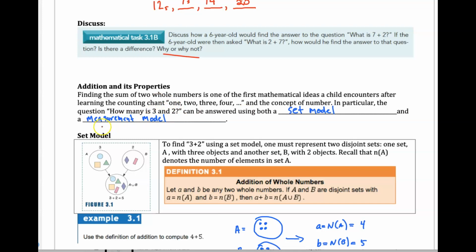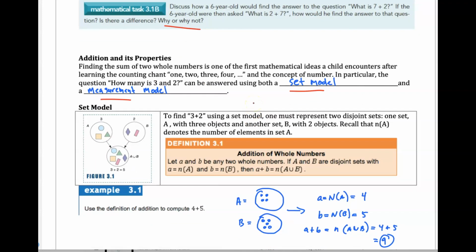One thing we want to know about addition is that there are two ways to find the sum of two whole numbers. One is a set model, which is looking to see how many are in each set and then putting the sets together. Another is a measurement model, which we'll talk about.